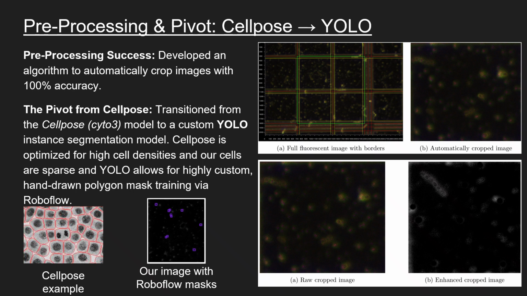So going into the pre-processing and the preparing of the images for our model, we have two steps. First, an auto cropping step. We see that in the top right image, where going from the initial bordered image, we have developed an algorithm to automatically crop to create 4 separate cells, so to speak, of the image from the one hemocytometer slide image.